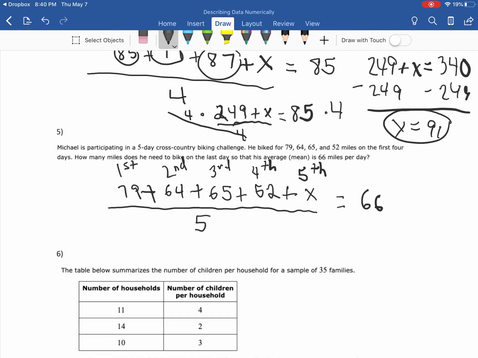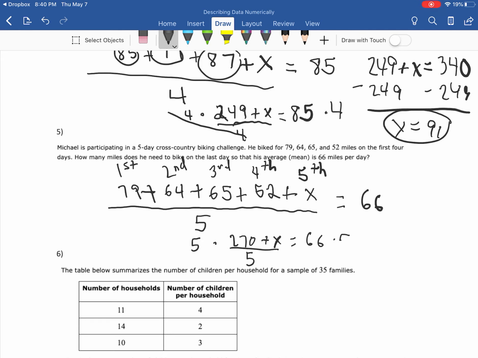Okay, so we're going to add our like terms. 79 plus 64 plus 65 plus 62 is 270. So we have 270 plus x over 5 equals 66.